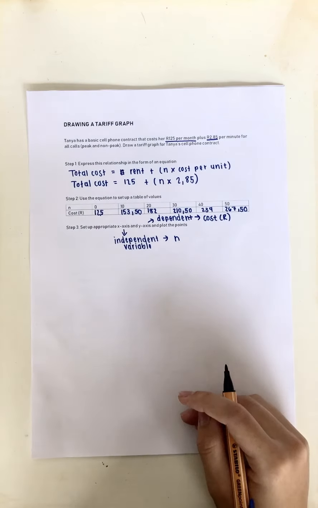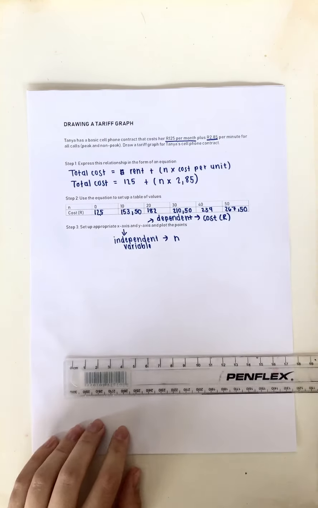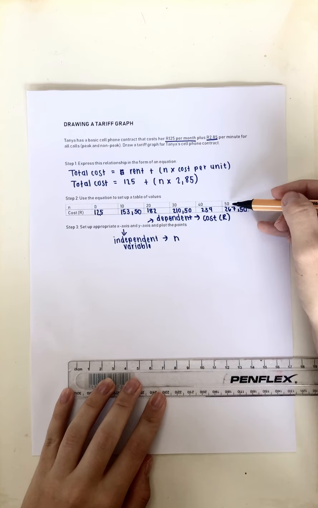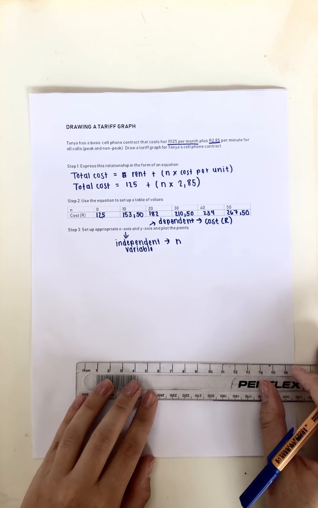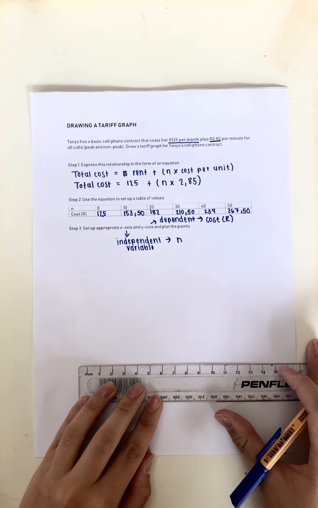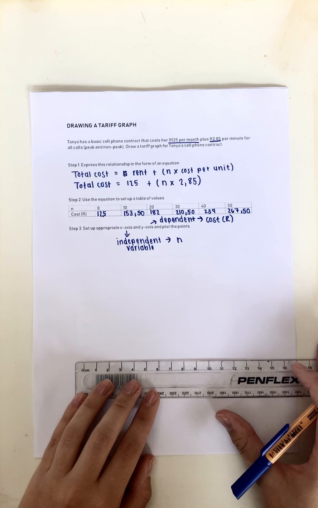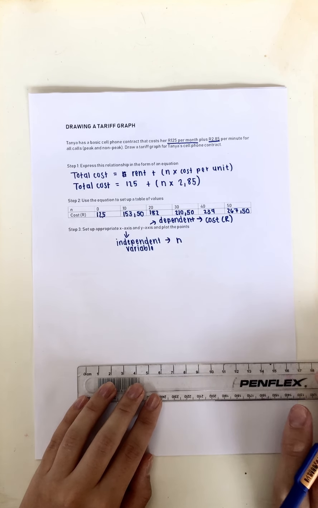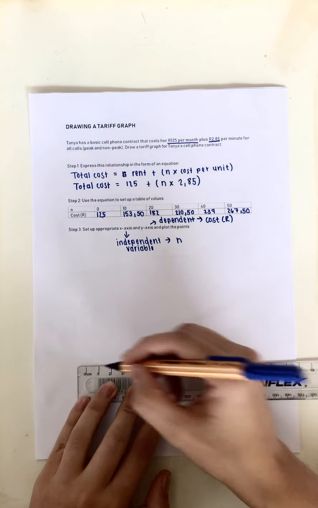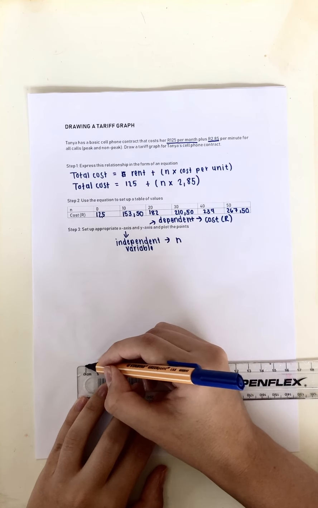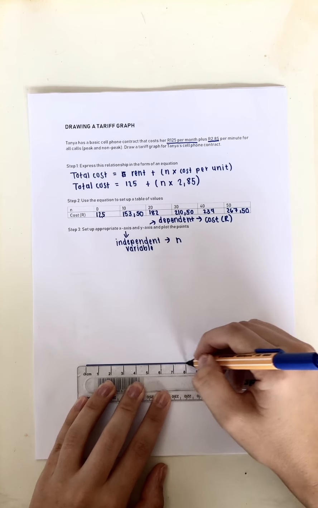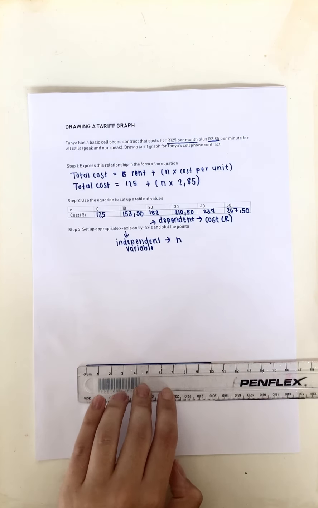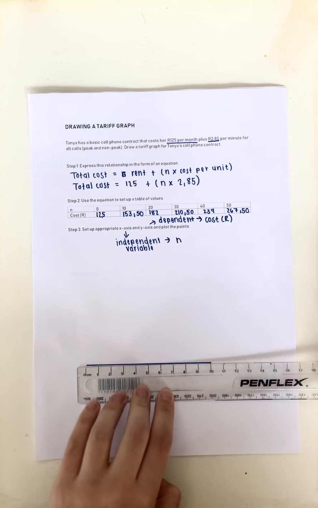Okay, and now I just draw my graph. So my x-axis goes up to 50. To make this big enough, I will go in steps of 1 centimeter, or let me go up in 2 centimeters then.